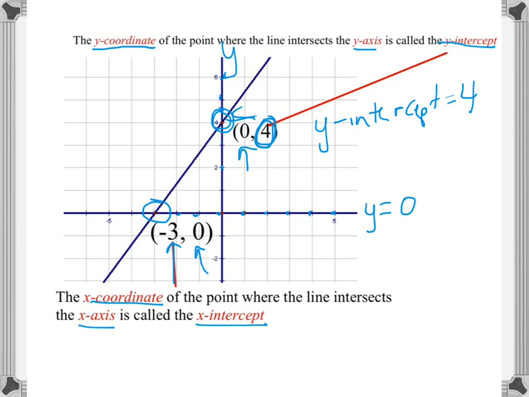We saw that a few lessons ago. So what's interesting to us for the x-intercept is the x-coordinate. We would say that the x-intercept of this line is equal to -3. We don't mention that it's the point (-3, 0) because we know that the y-coordinate is always 0.